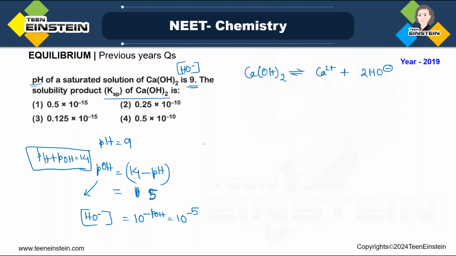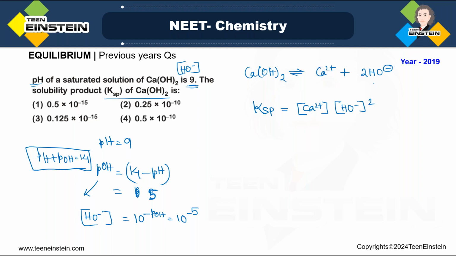And if the pH is mentioned like this, even if the other source is not present, you know that pH of the medium is 9, that means pOH of the medium is 5. It is another way of saying what is the concentration of HO minus. Because to calculate the Ksp for calcium hydroxide, you need to know the concentration of HO minus.